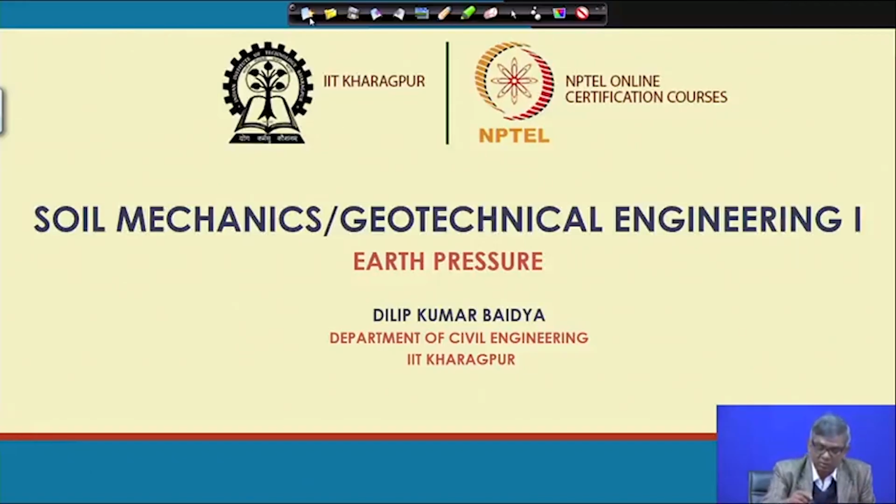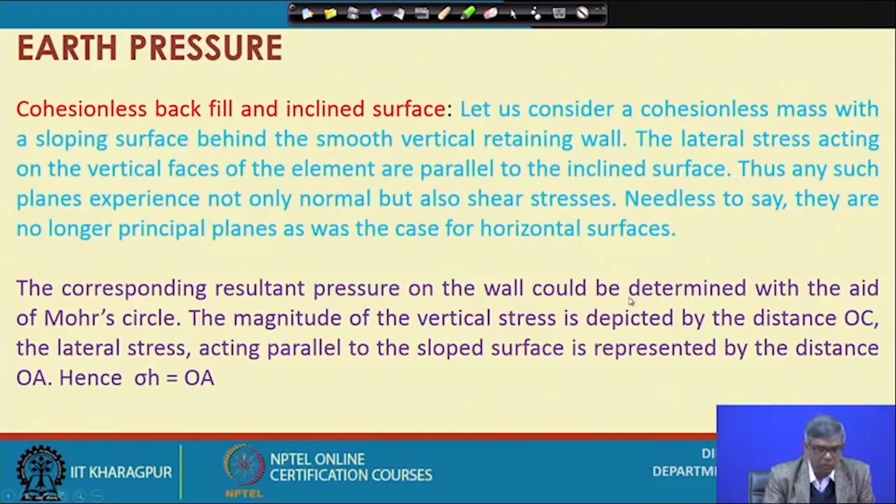But now I will consider an inclined backfill: cohesionless backfill with an inclined surface. So, consider a cohesionless mass with a sloping surface behind a smooth vertical retaining wall.